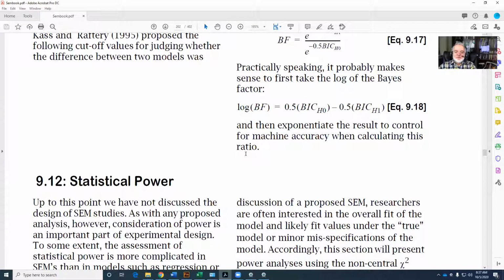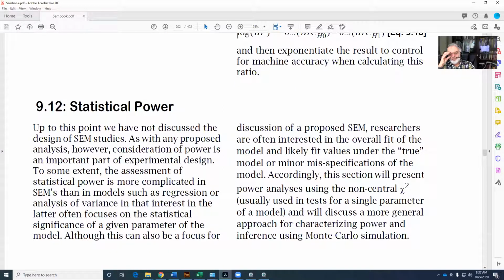Okay, well, let's take a look at power. When you're proposing a grant, when you're telling your committee you want to do a master's thesis or dissertation, they're going to want to know, are you going to have power? Are you going to be collecting enough participants to find the effect you anticipate?